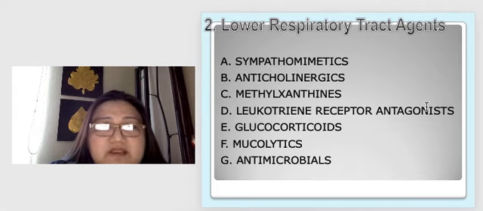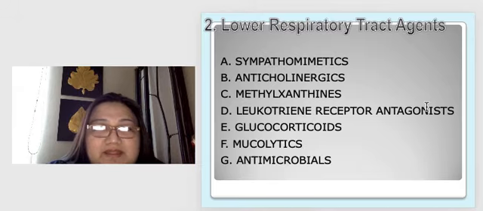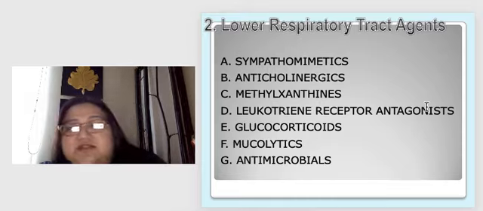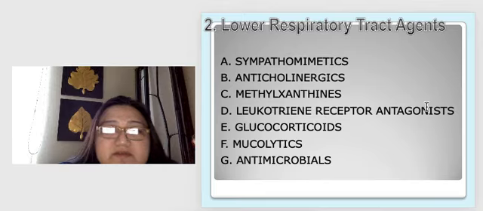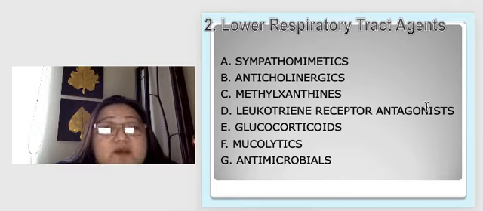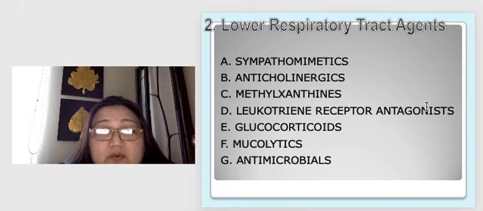Now, these lower respiratory tract agents help again doon sa mga symptoms nung mga sakit na yon. The sympathomimetics, the anticholinergics, the methylxanthines, the leukotriene receptor antagonists, glucocorticoids also, mucolytics, and antimicrobials.